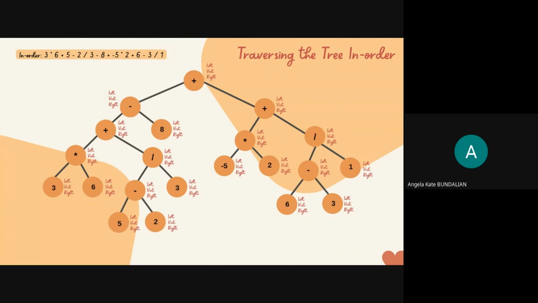We visit 3, print its value, the first one, and imagine our right subtree, then go to the upper node, which is the multiply operator. Visit it, print its value, and move to its right. Here's the answer in order.